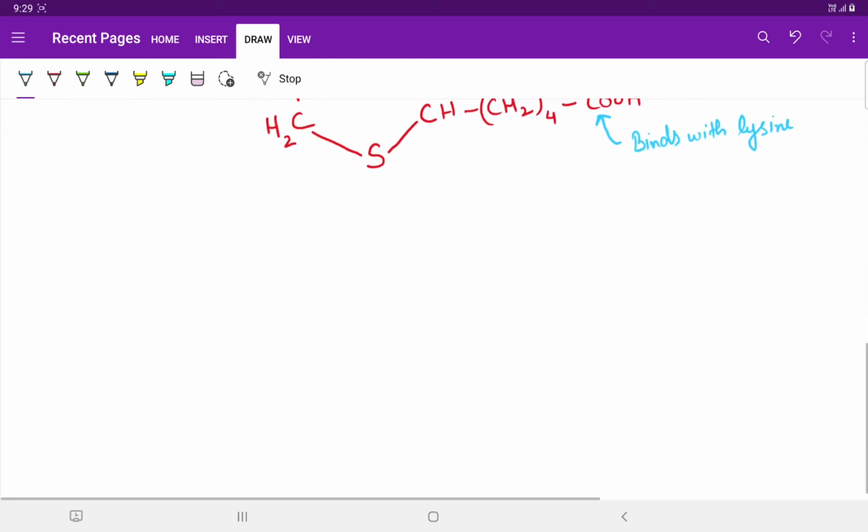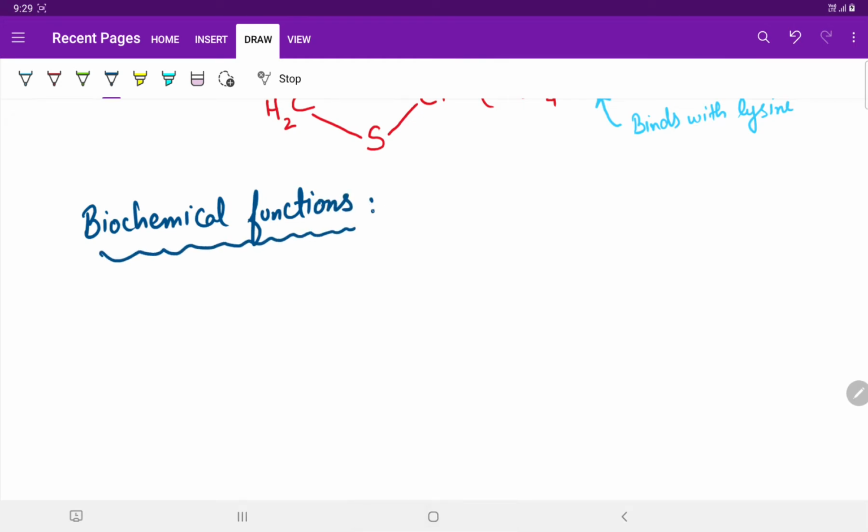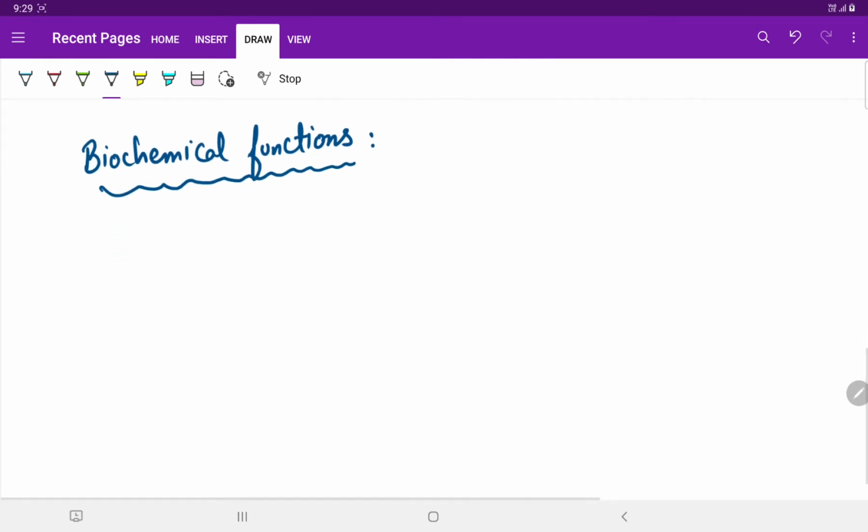Now let us start with the biochemical functions. The first and the most important biochemical function is the conversion of pyruvate into oxaloacetate.